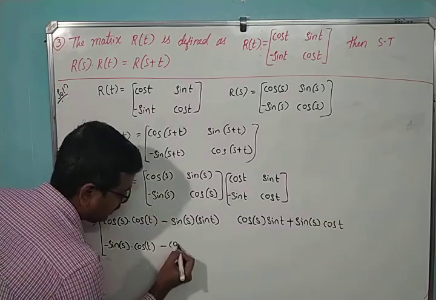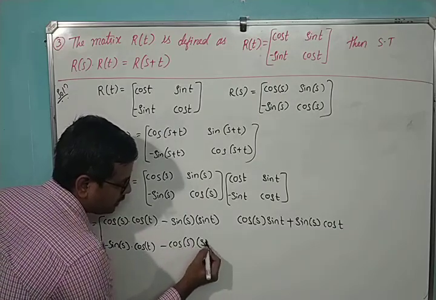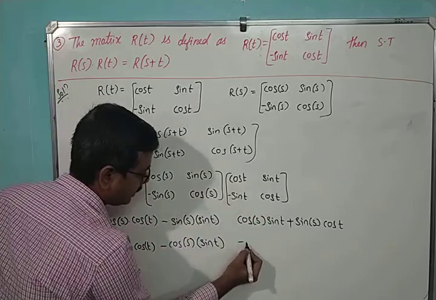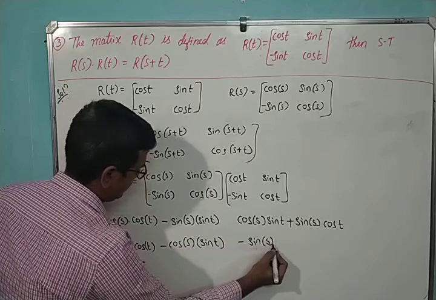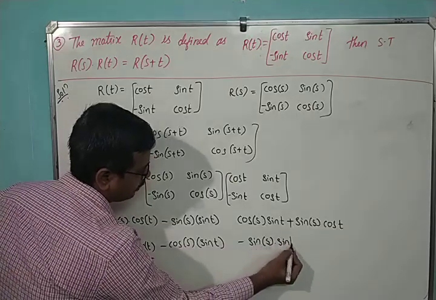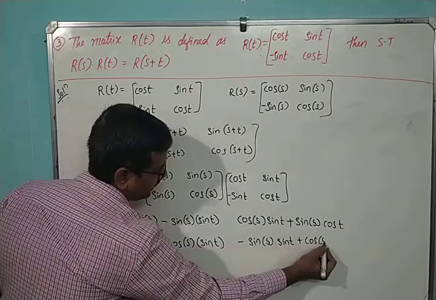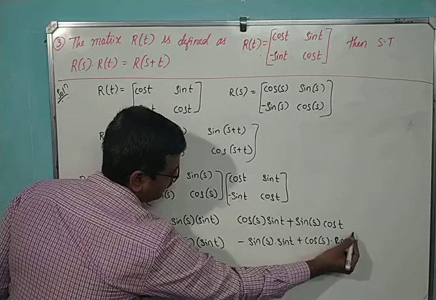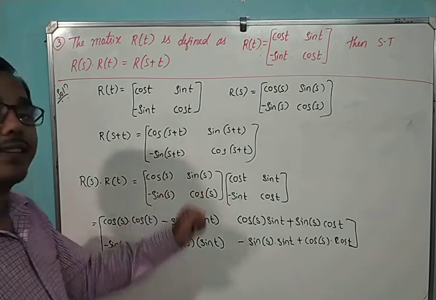Minus cos of s into sine of t, and here minus sine of s into sine of t plus cos of s into cos of t, right? This is how we will get when we multiply these two matrices.